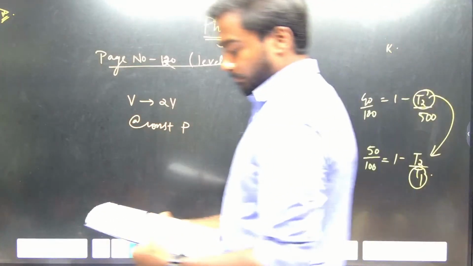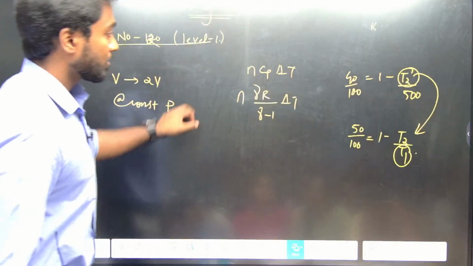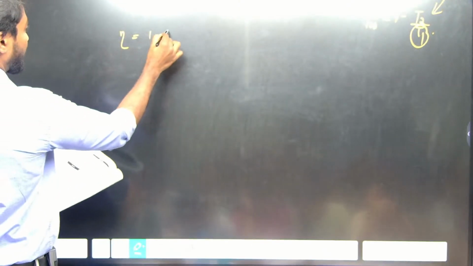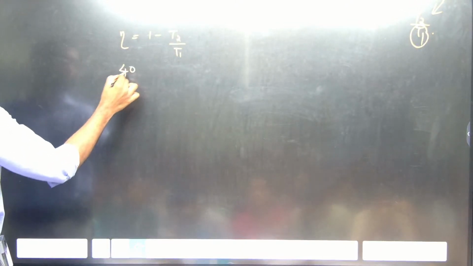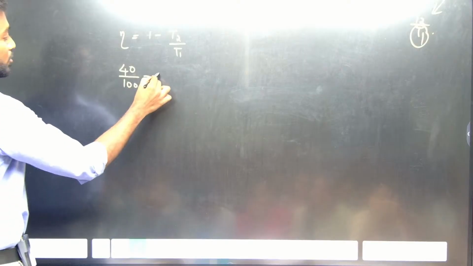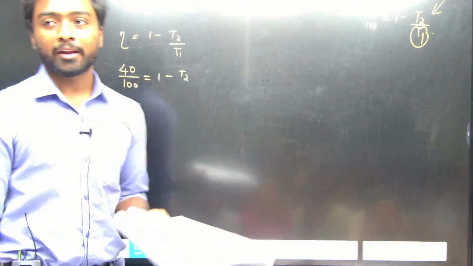Okay, listen. So the fourth question is, efficiency is equal to 1 minus T2 by T1. So efficiency they have given 40%, no? So 40 by 100 should be equal to 1 minus T2 by 500, since it receives heat at 500 Kelvin.